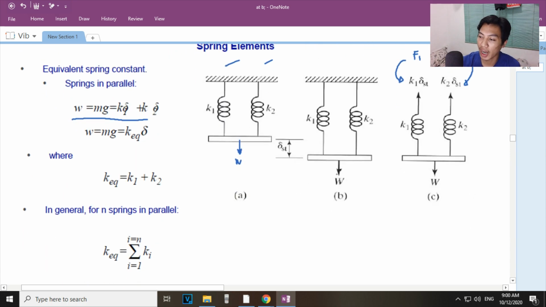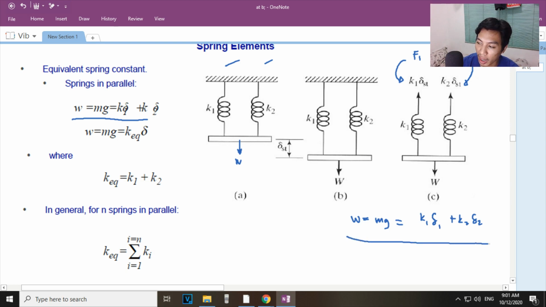So, we can say that weight will be equal to mg, mass nung bar mo times gravity, equal to F1, that is K1 deflection ni 1 plus K2 deflection ni 2.